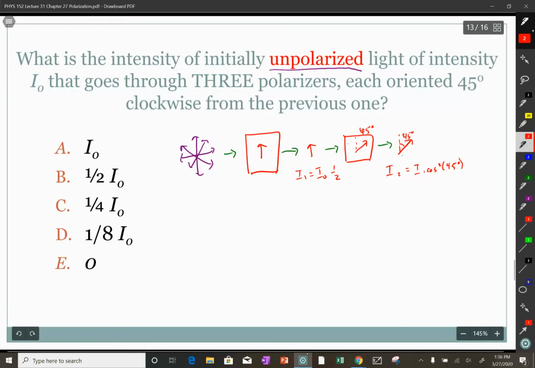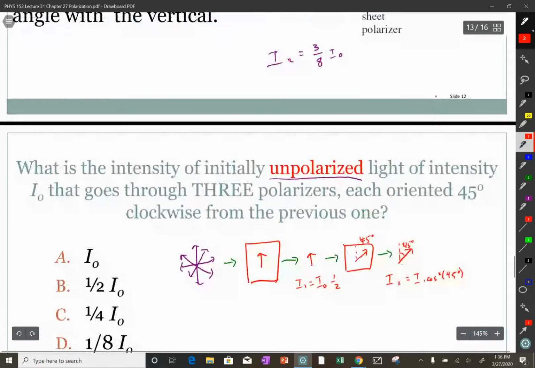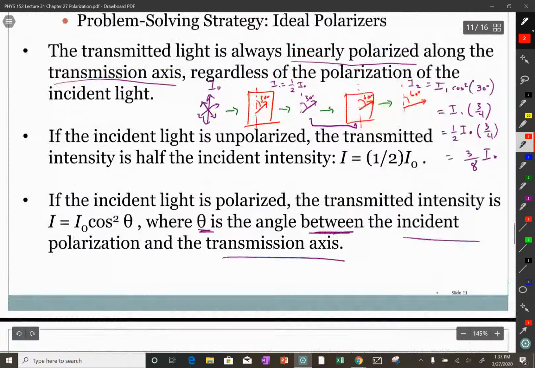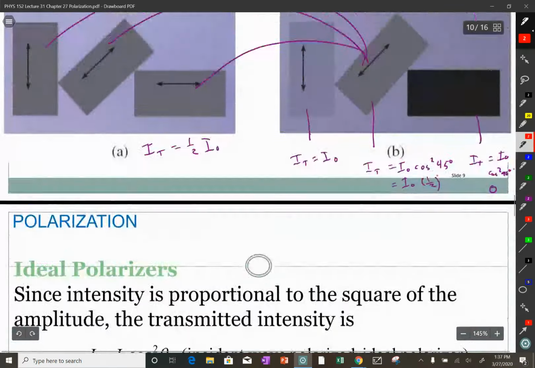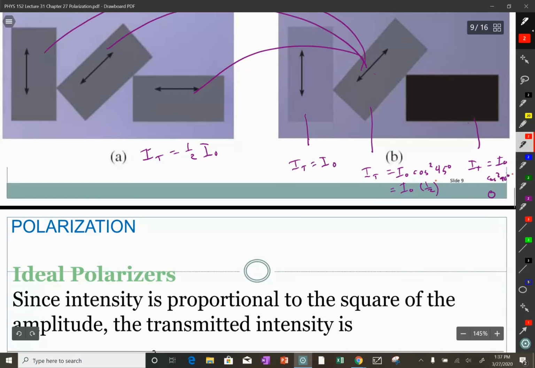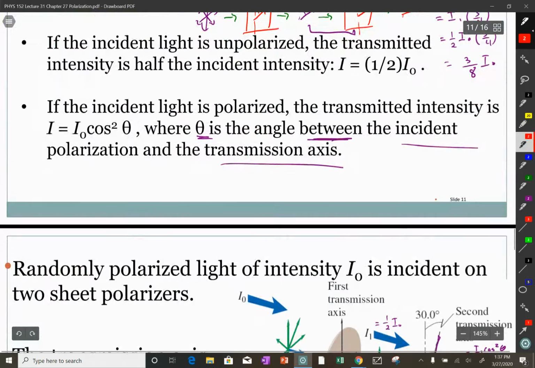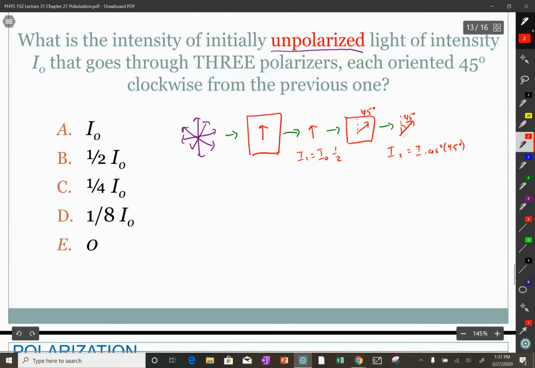Cosine squared of 45 is 1/2. I may have screwed up here. No, I did 1/2. I did it right. So there's my intensity after 2.